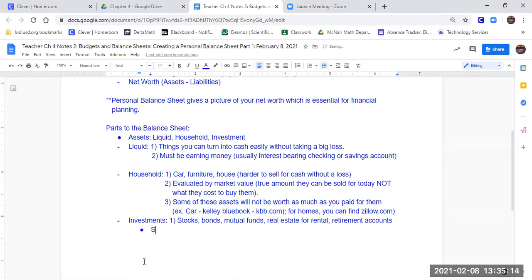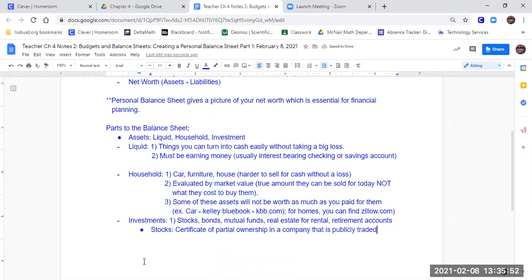Okay. So for stocks, let's spell it right. Stocks, they are a certificate of partial ownership in a company that is publicly traded.